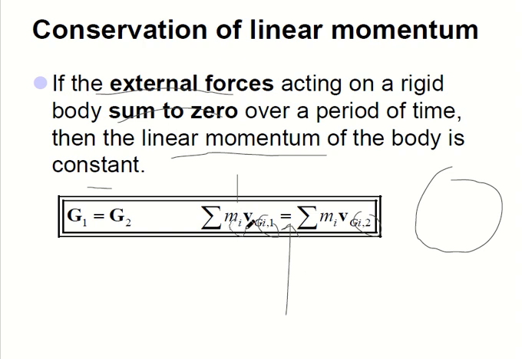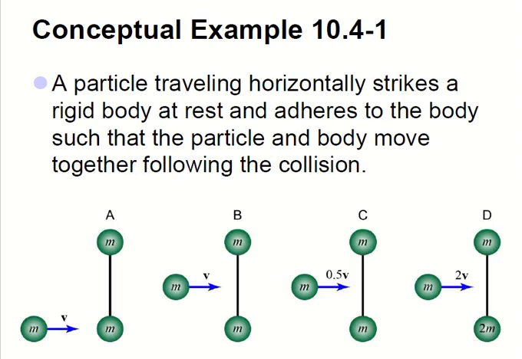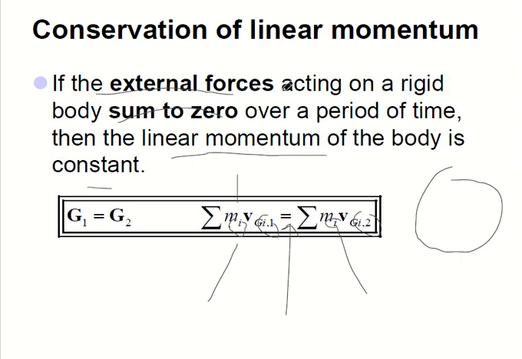Of course, we're dealing with a system, so you still have your i to indicate how many masses you're dealing with in that system, and each one of them has its own velocity, and you are summing them up. The momentum in the initial state is equal to the sum of the momentum in the final state. That's all it's saying here for the conservation of linear momentum. And the most important point is that your external forces are zero.